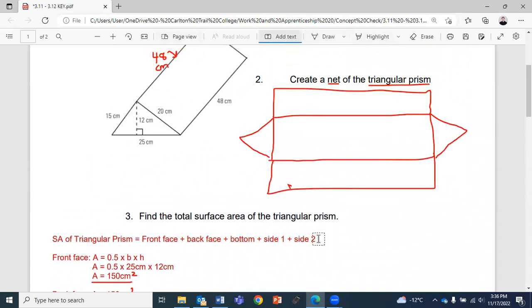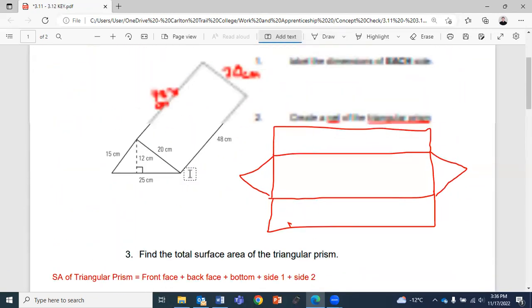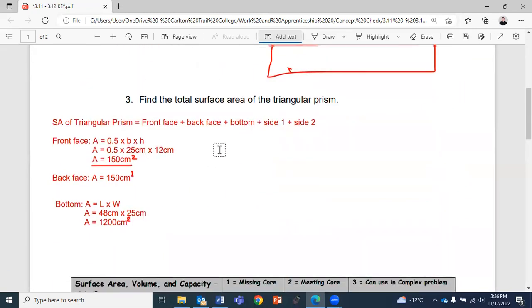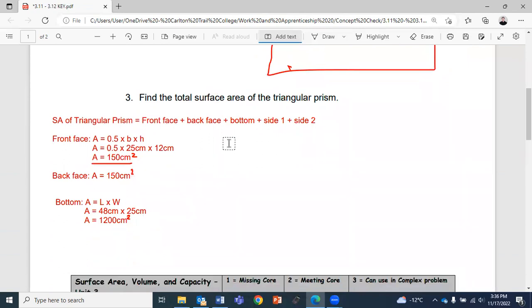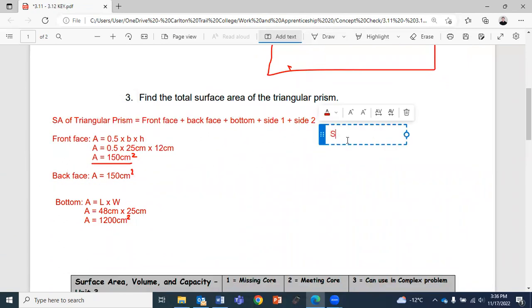So side 1, that's this thing here, right? This thing right here, my mouse is going across, which is 20. Yeah, 20 by 48. Side 1 equals area, that's a rectangle, right?